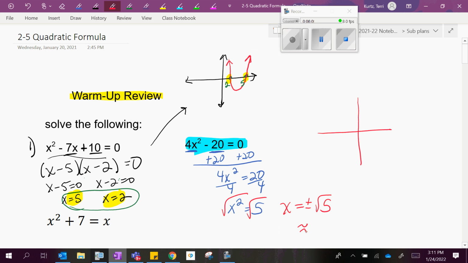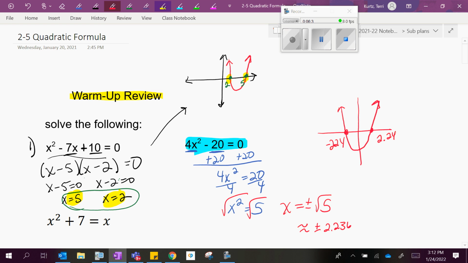So we can also think about this as plus or minus 2.236. And there again, I could still roughly or approximately graph my quadratic, and I would know that its x-intercepts were negative 2.24 and positive 2.24.